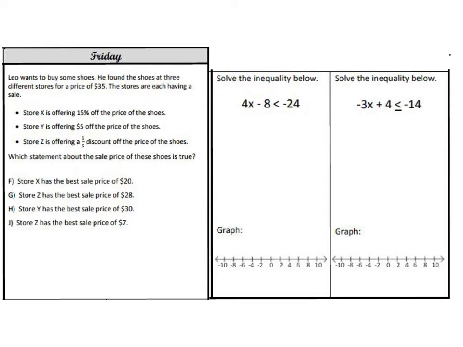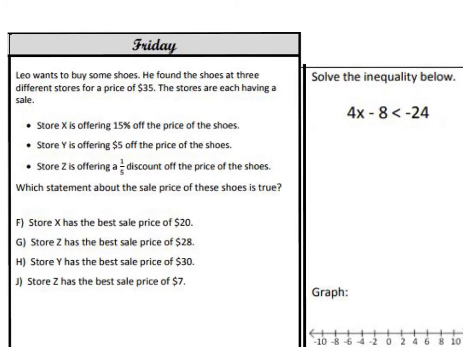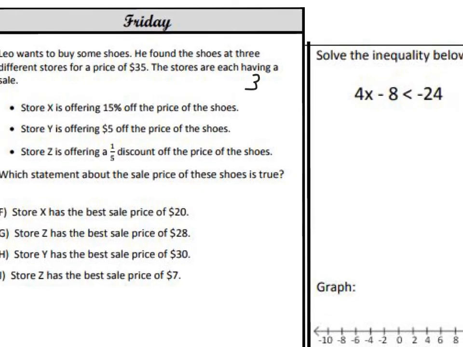Yeah, move the decimal how many times though? One time. So if we have $35, I'm going to make this bigger. So 35, I'm going to move it one time. So that means I'm taking away 3.50. But that's only 10%. Okay, we still need the 5%.